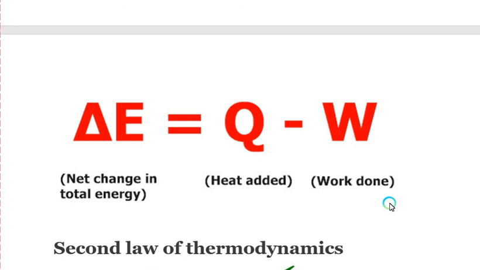Okay, so when the system gains some heat, kung mag gain siya or magdugang ang heat sa aton nga system, then the value of the net change sa aton nga energy. So kung magdugang ang heat, syempre madugang man ang aton nga energy.